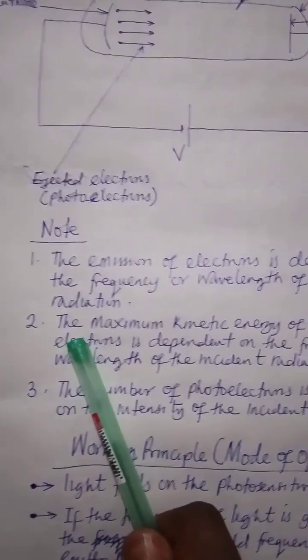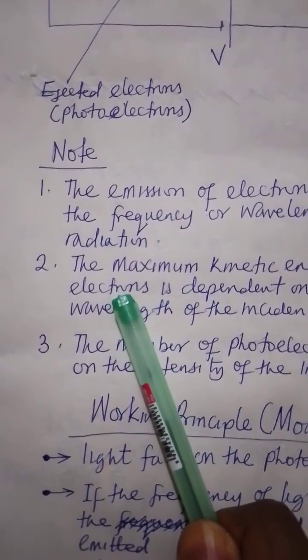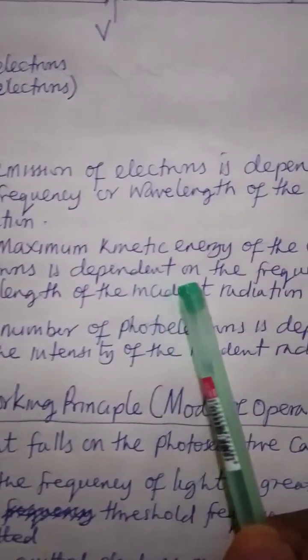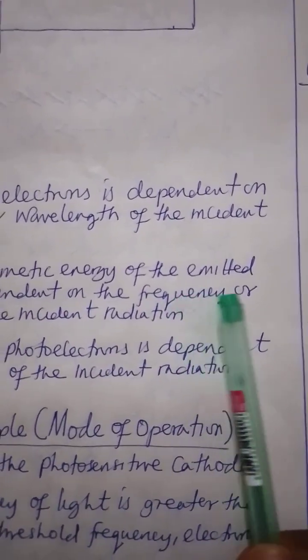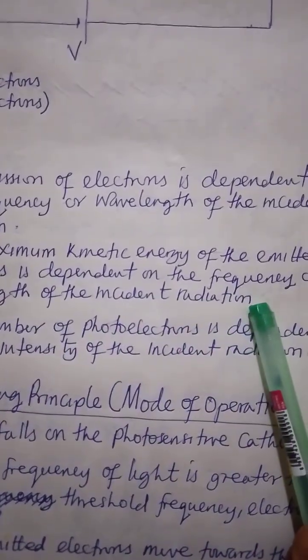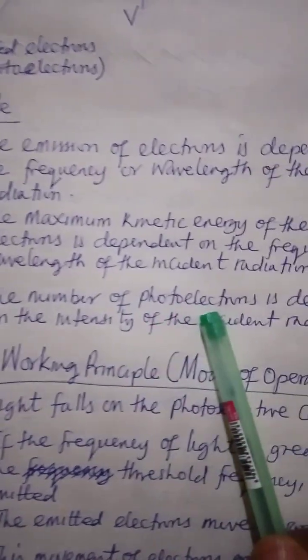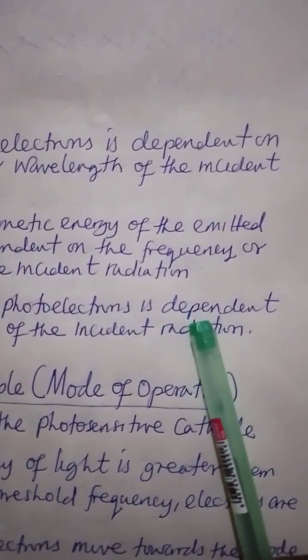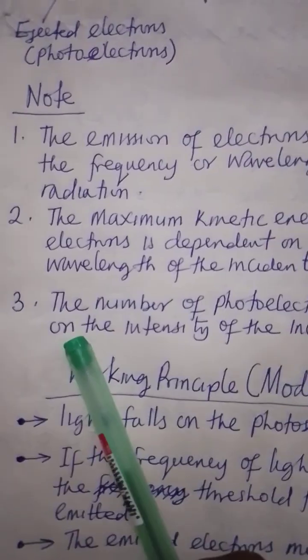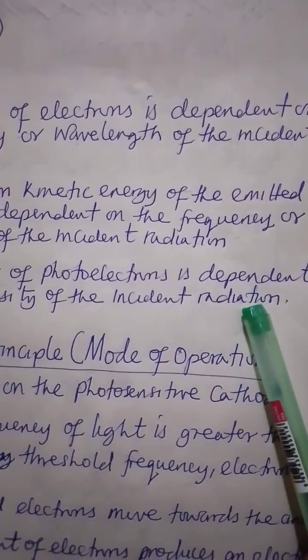Number 2, the maximum kinetic energy of the emitted electrons is dependent on the frequency or wavelength of the incident radiation. Number 3, the number of photoelectrons is dependent on the intensity of the incident radiation.